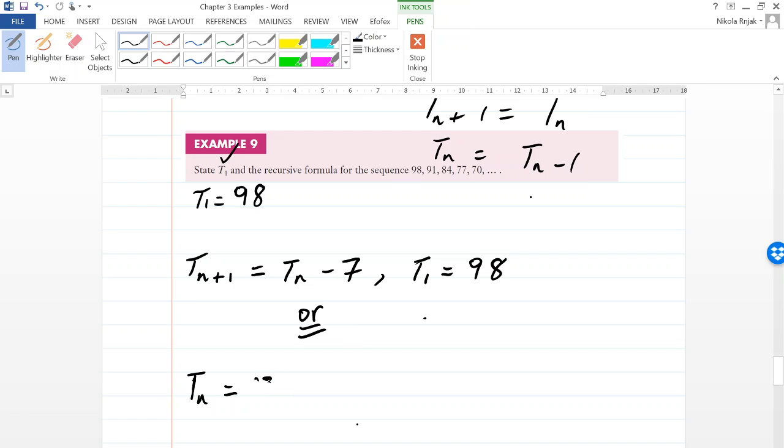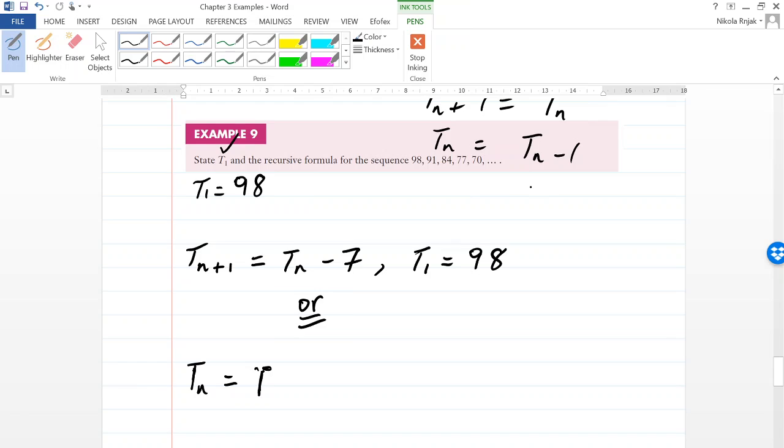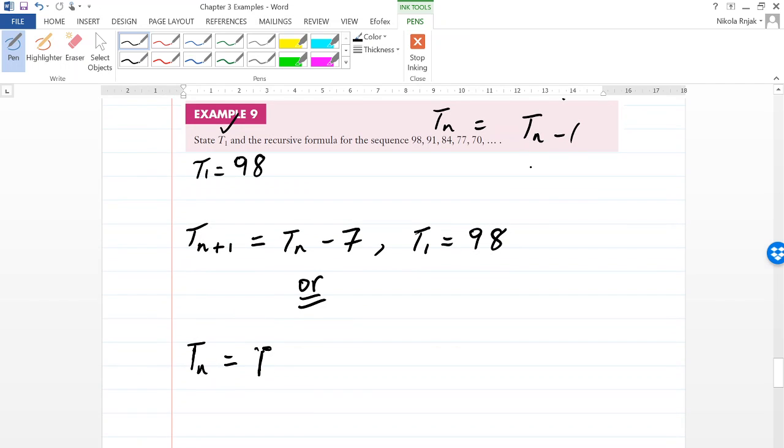So the previous term, which would be t of n take 1, and then minus 7. It means the same thing with t1 equals 98. So you need to be used to both forms. In a test, if it asks you to write the recursive rule, you can choose which way you write it.